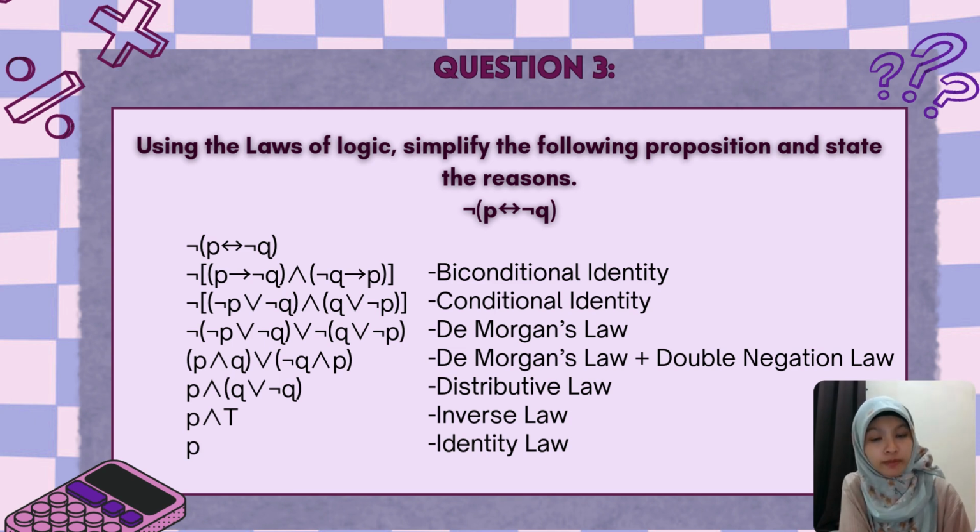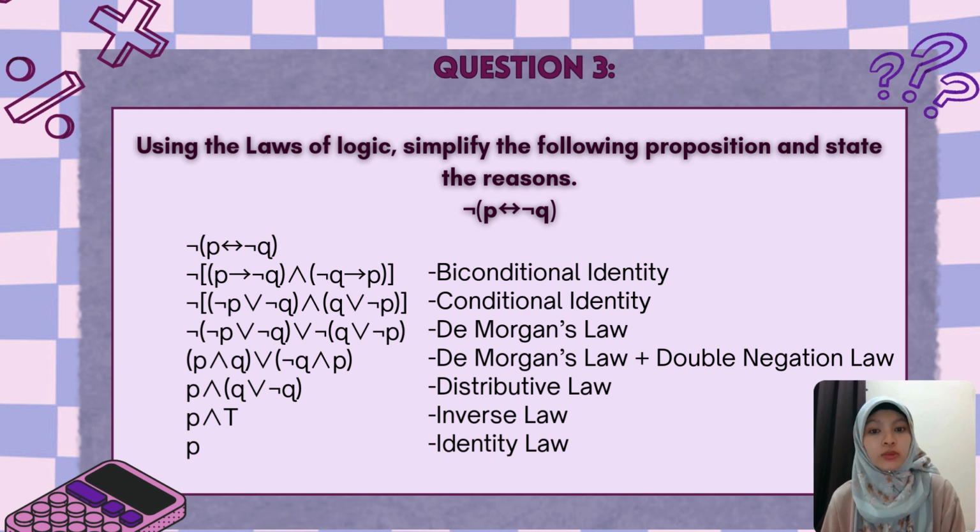Then using conditional identity, ¬[(¬P or ¬Q) and (Q or ¬P)]. Then using De Morgan's law, ¬(¬P or ¬Q) or ¬(Q or ¬P).